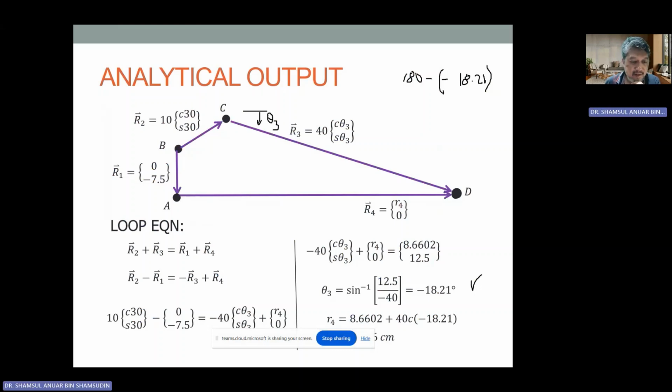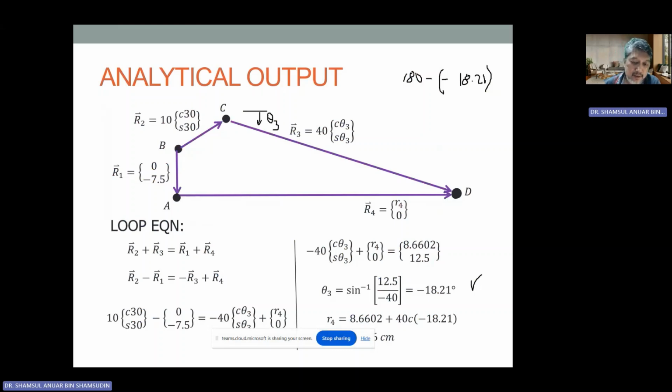You can rearrange stuff and you get something like this, and you notice you know everything on the left hand side, and you have 8.66 and 12.5. Then you need to look at the top row as well as the bottom row, to see which row we need to use first to be able to solve at least one of the unknowns first.